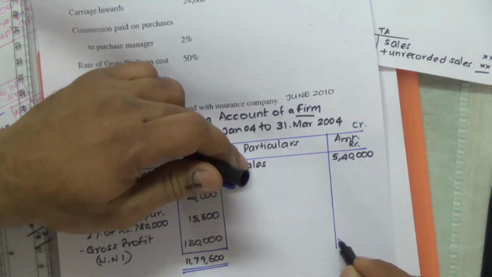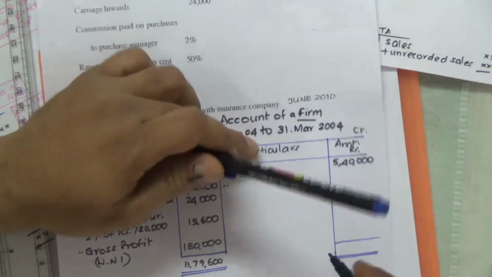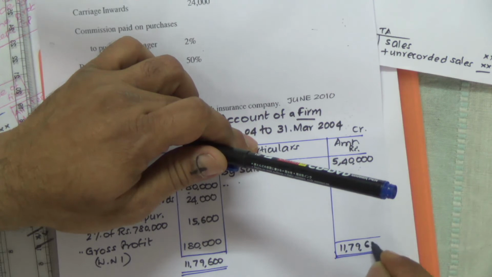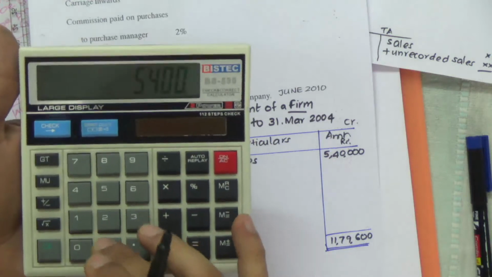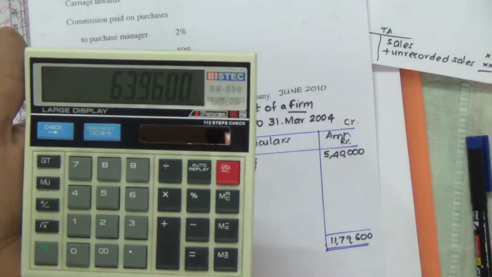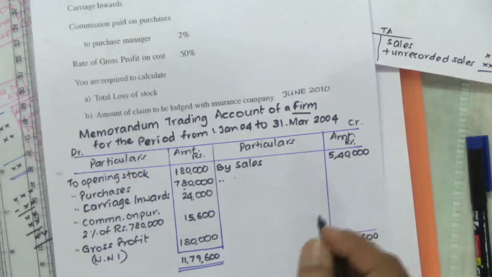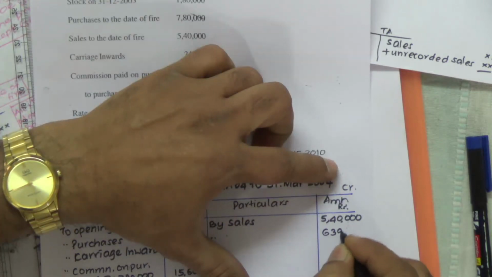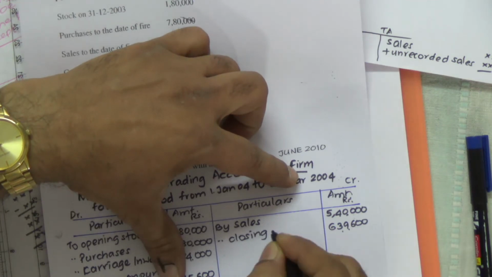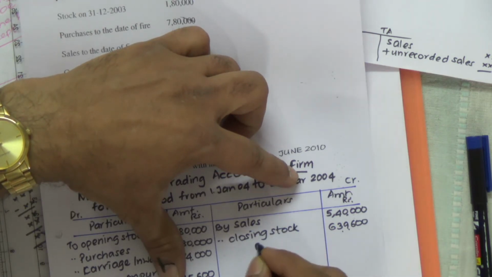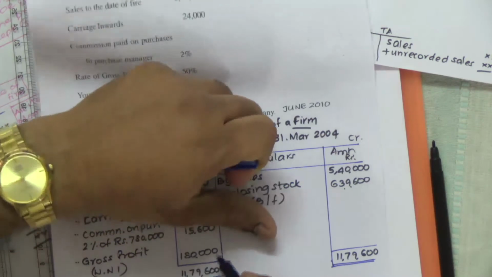Copy the same total here. The balancing figure, 11,79,600 minus 5,40,000, is equal to 6,39,600. That is the closing stock. Balancing figure. So with this, let me do a little bit of beautification.